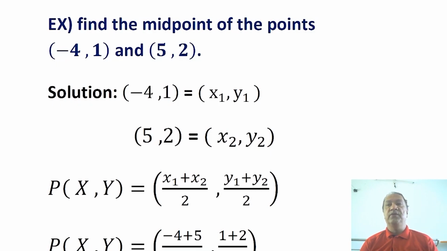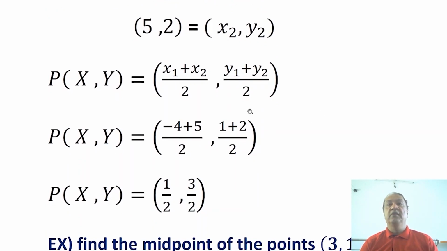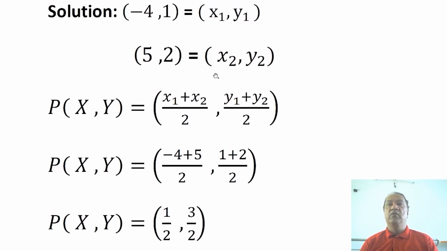Now let us substitute these values in the formula. That is Pxy is equal to x1 plus x2 by 2 comma y1 plus y2 by 2. Now we know that the value of x1 is minus 4. We will write minus 4 instead of x1, plus x2 is 5, divided by 2 comma y1 is 1, y2 is 2, divided by 2.